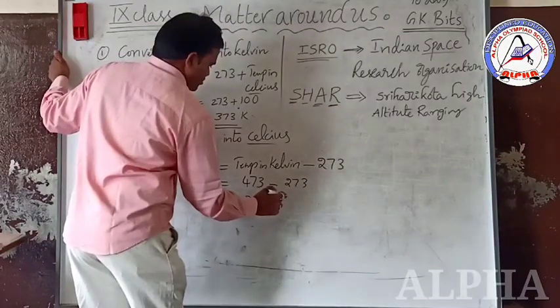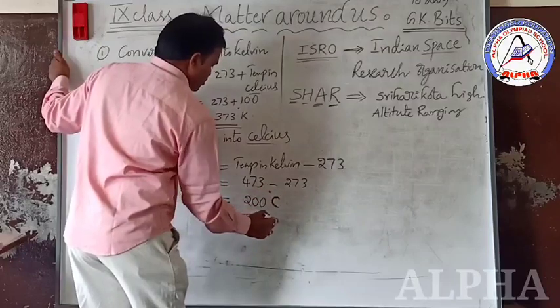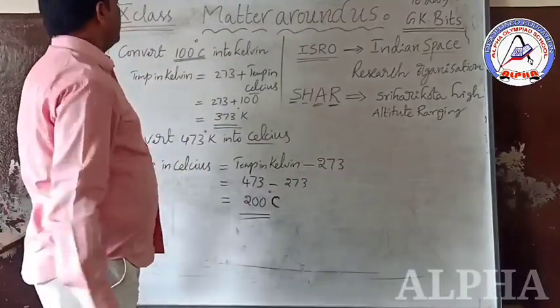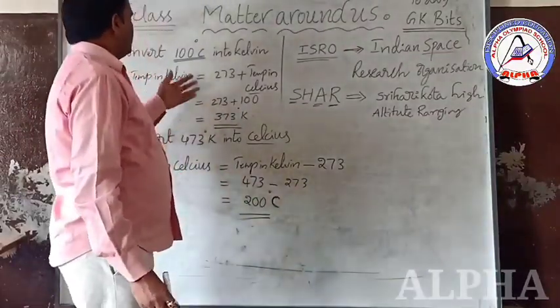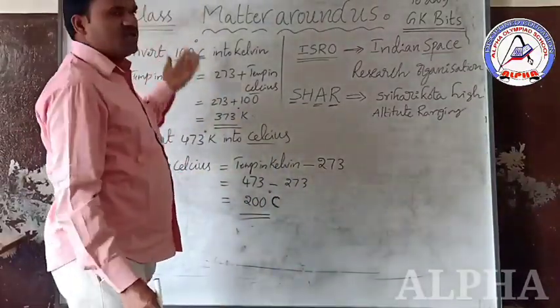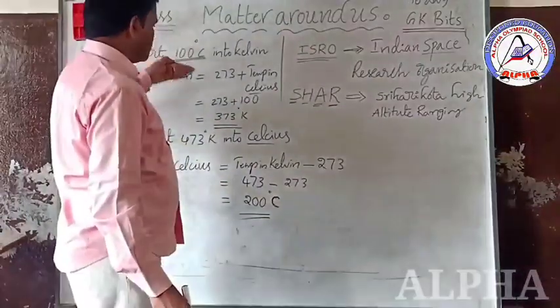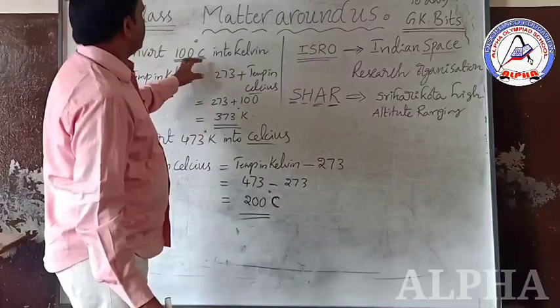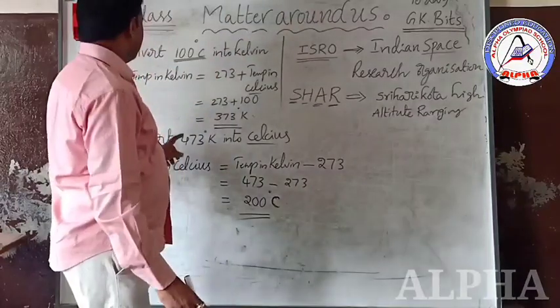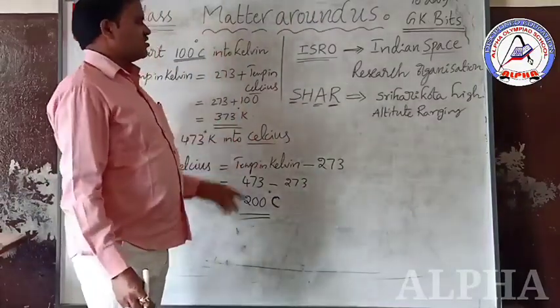So these are the solutions for the problem. In this way we have to find out several problems. This is the process of converting centigrade into Kelvin and Kelvin into Celsius or centigrade.